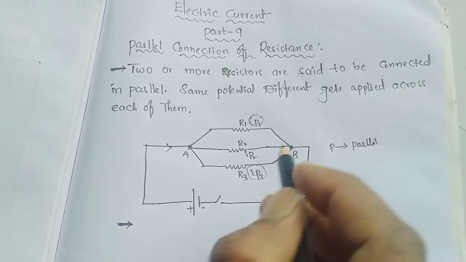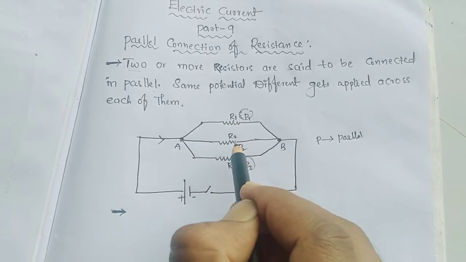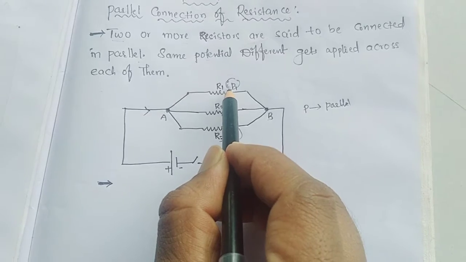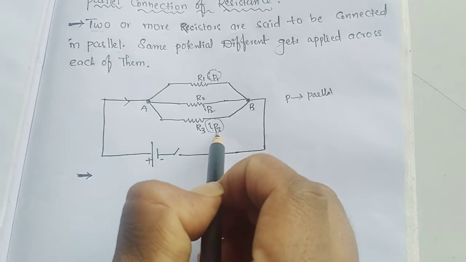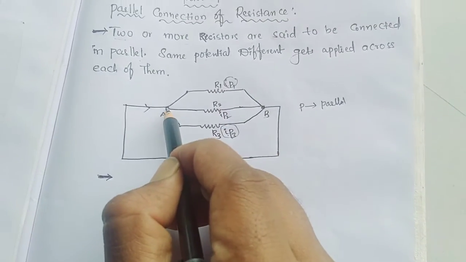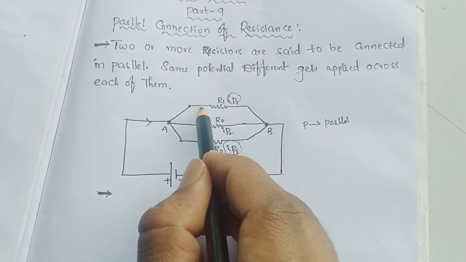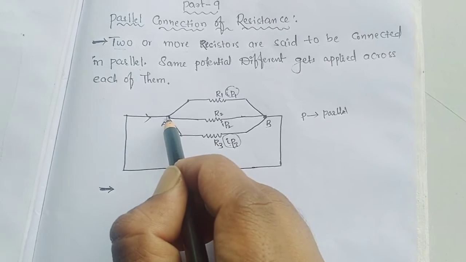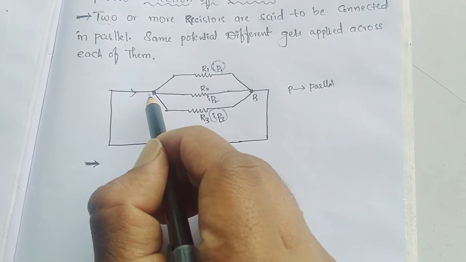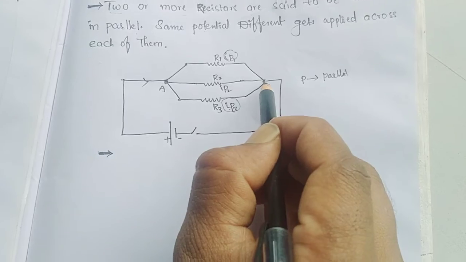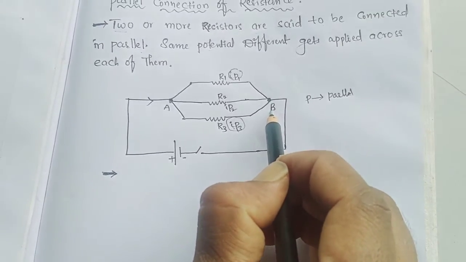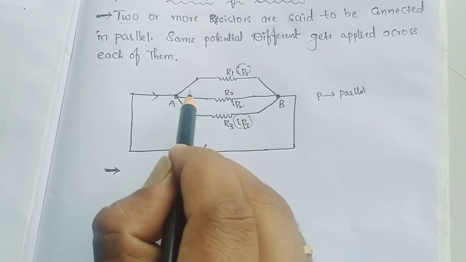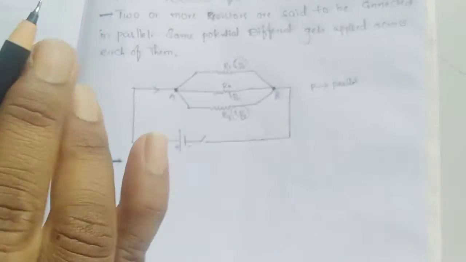R1, R2, R3 resistors, individual currents IP1, IP2, IP3, and same potential, that is A and B. These three resistors are connected at one end to A, and the remaining end to another point B. So the potential difference is the same across all the resistors between A and B.